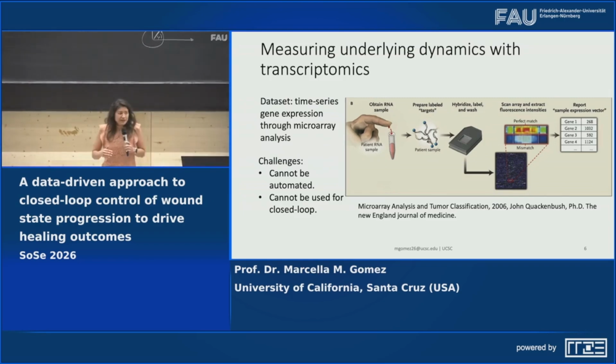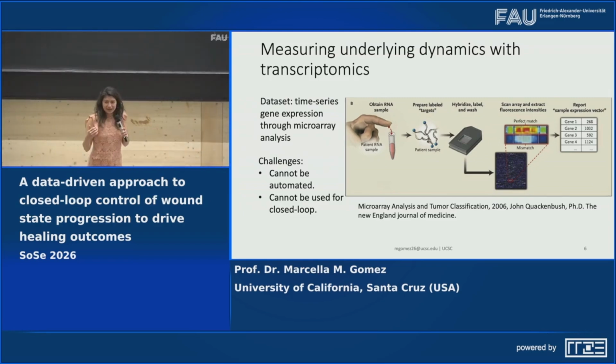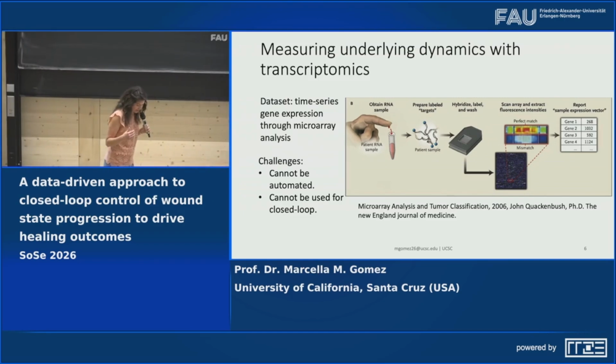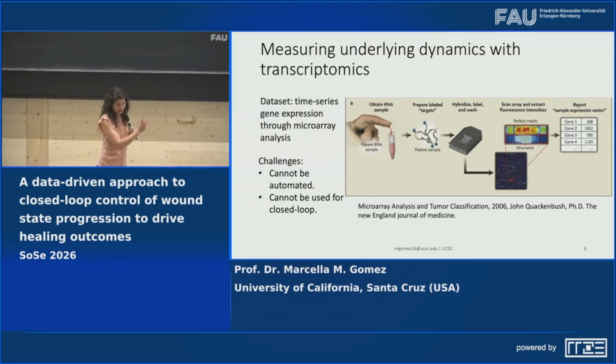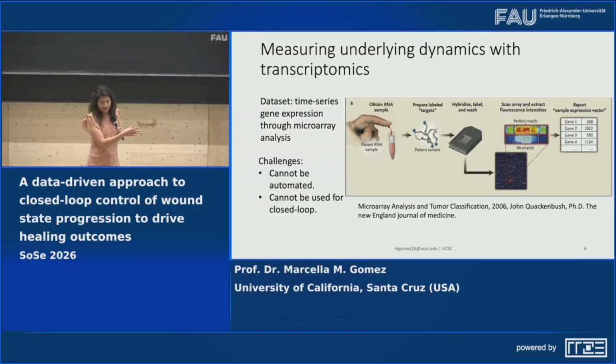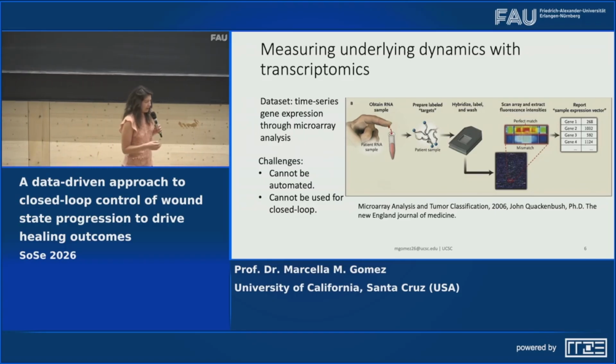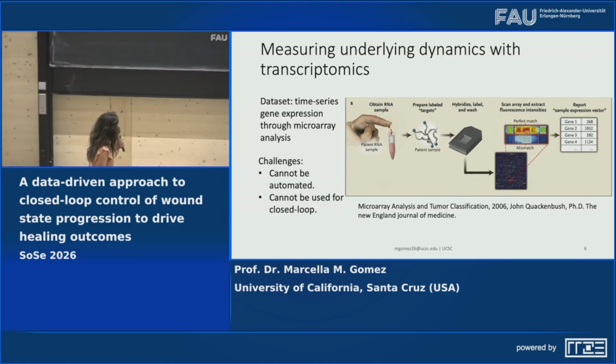So what we did is we did some gene expression experiments. You can take a time series, say you inflict a wound in an animal study. Then you take different time points, and at those time points, you take a sample of the tissue, and the analogy is you put it in a blender, smash it up, and run it through one of these machines.